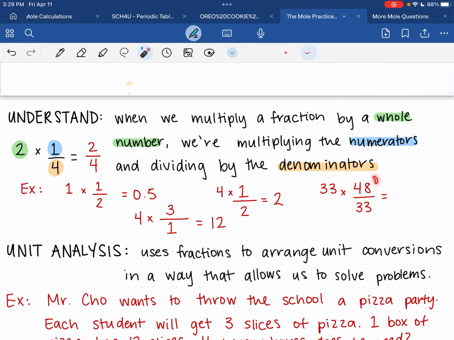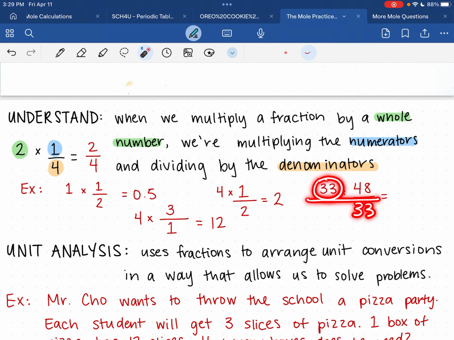So this last example over here, we have 33 times 48 over 33. So immediately you might see this and be like, what the heck is going on? It's a wild fraction. So this fraction here, I don't know what that is off the top of my head, but since I'm multiplying it by 33, hopefully you can see that you have 33 in the numerator, right?